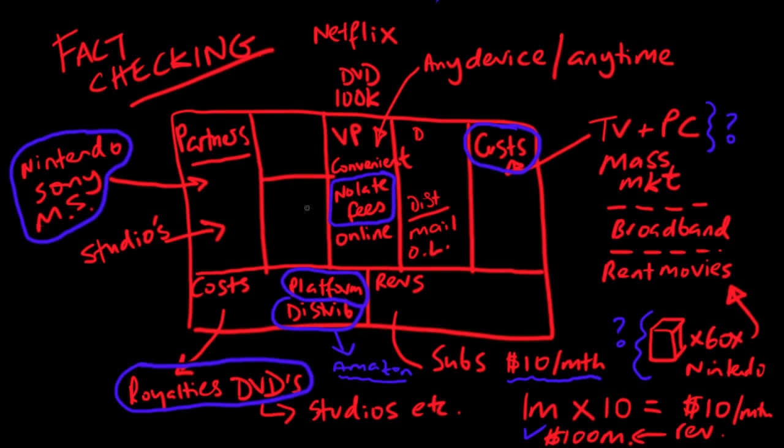So our key activities of what we would need to do, like run a platform, really I'd want to drill down more into some of what the cost structure is.